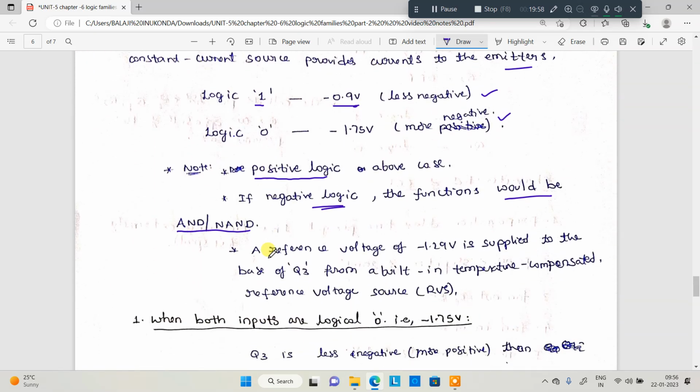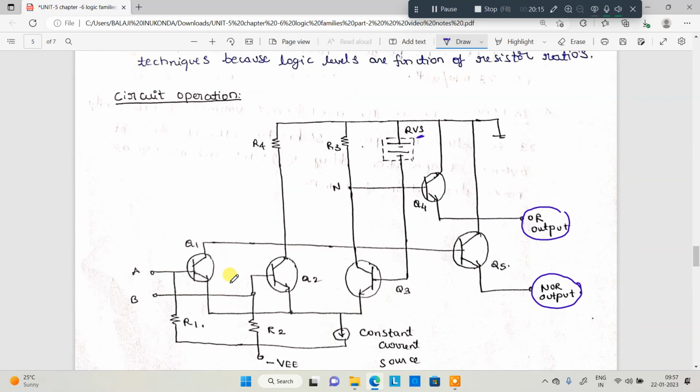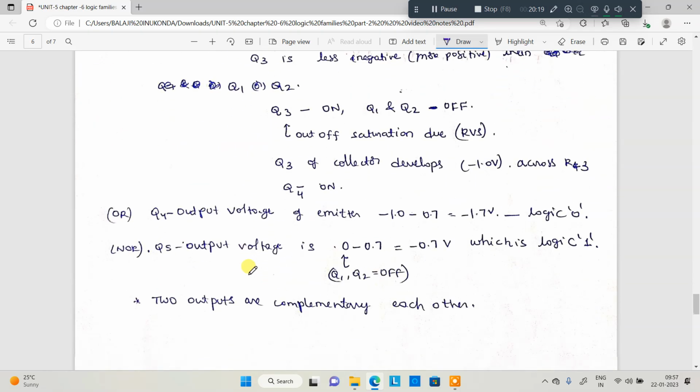One more important point here: the reference voltage of minus 1.3 is supplied to Q3 from the built-in temperature compensated reference voltage source, VBB. Let us discuss the first case.